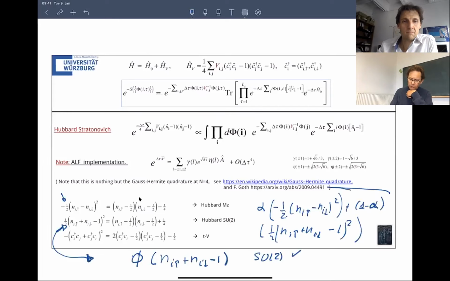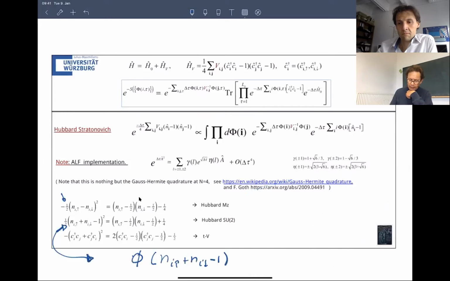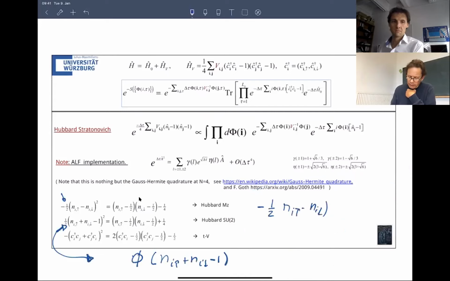What could, for example, happen, and I really suggest you try this week: take this field configuration, (n_i up minus n_i down) squared. Of course the field now couples to the magnetization, so you break the SU(2) spin symmetry down to a U(1) symmetry.